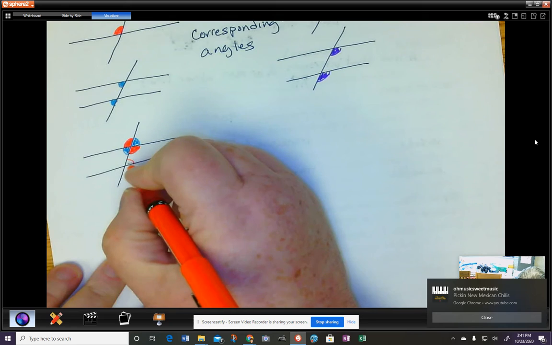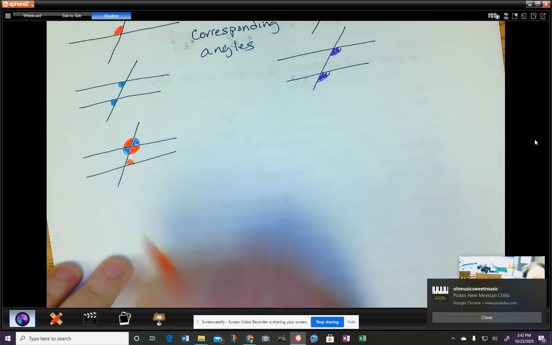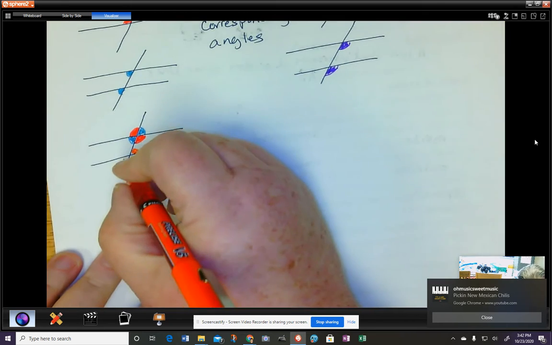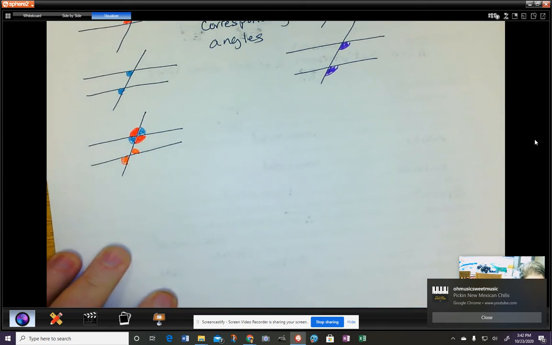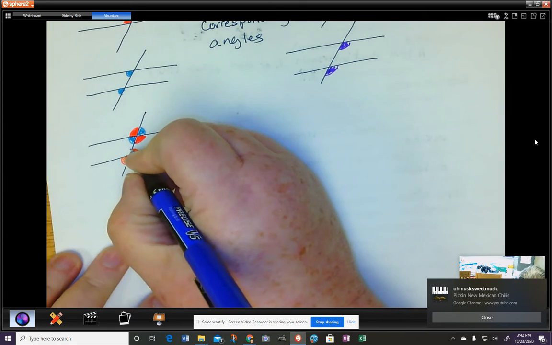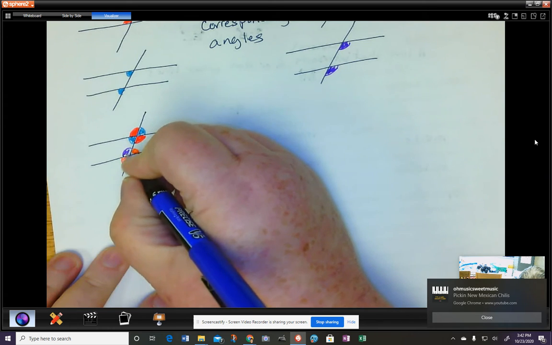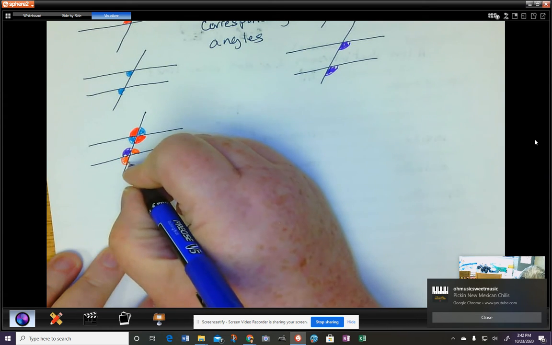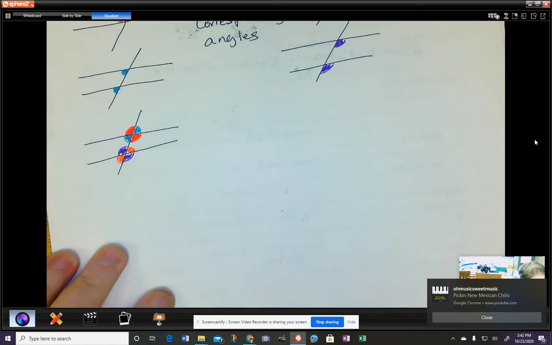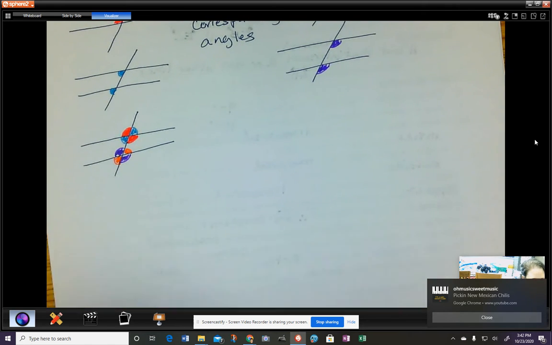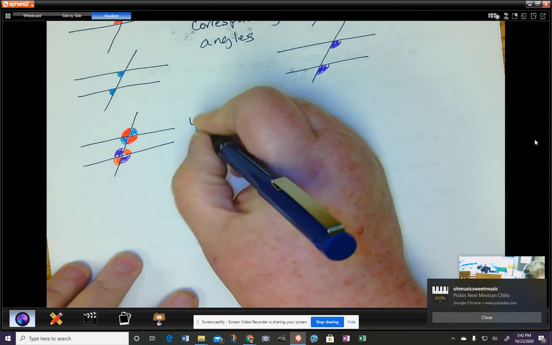Here's this vertical angle in orange, and its pair is right here. And here's this vertical angle right here, matching to this vertical angle right here. So these are my vertical angles.